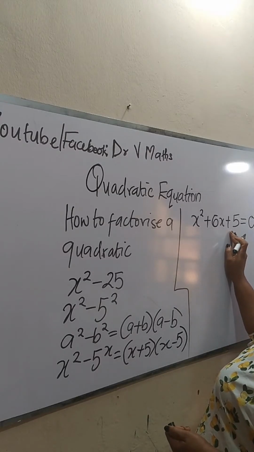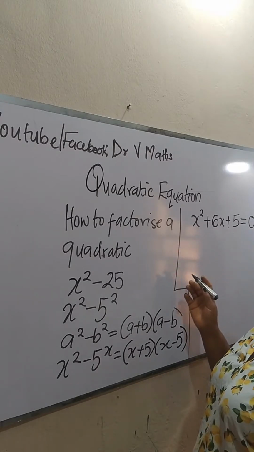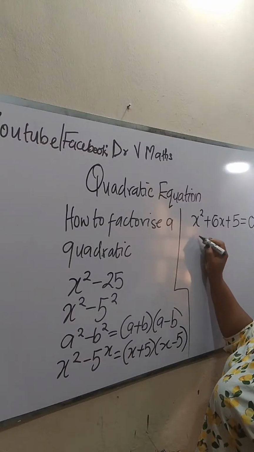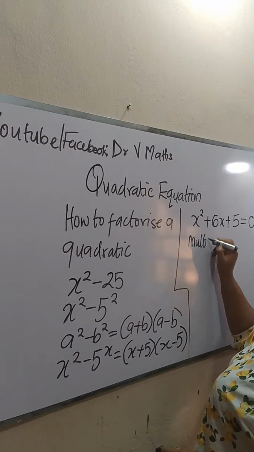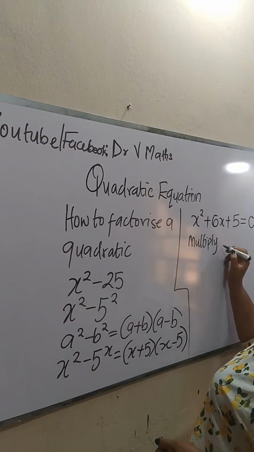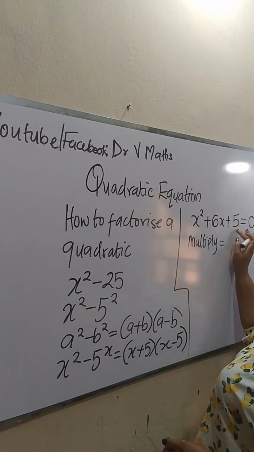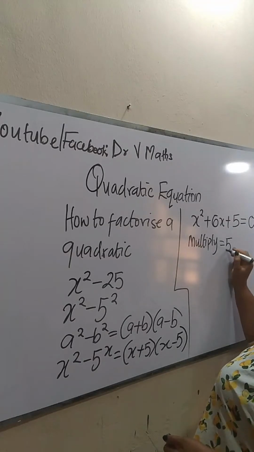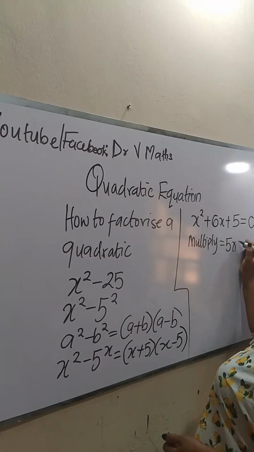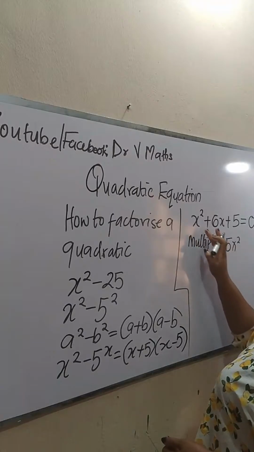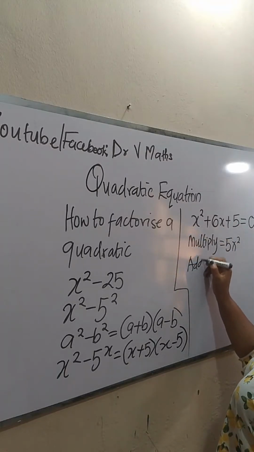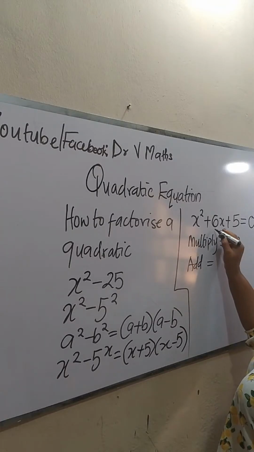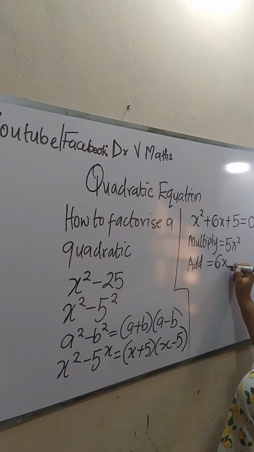Now, what we need to do here is look for two numbers. When we multiply the two numbers, we should have 5x squared. How do you get 5x squared? x squared times 5. Then when we add them, we should have 6x.